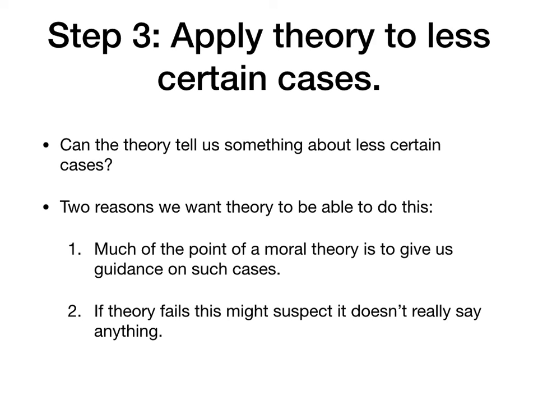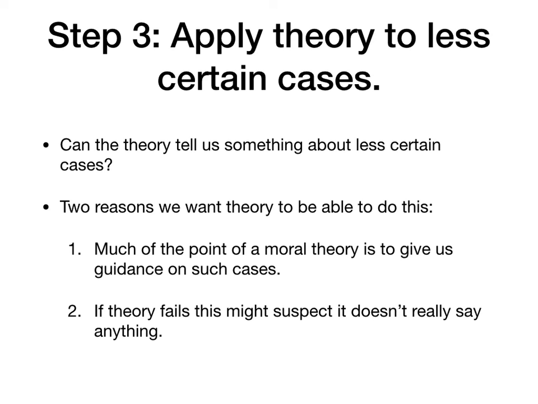The final thing we do in evaluating a moral theory, we apply the theory to less certain cases. And the question here is, can the theory tell us something about these cases? There are two reasons that we want a theory to be able to do this. Much of the point of a moral theory is to give us guidance in cases where we're not so sure.